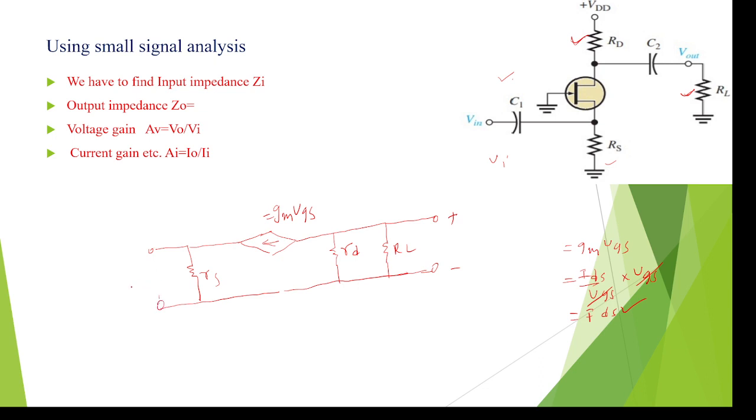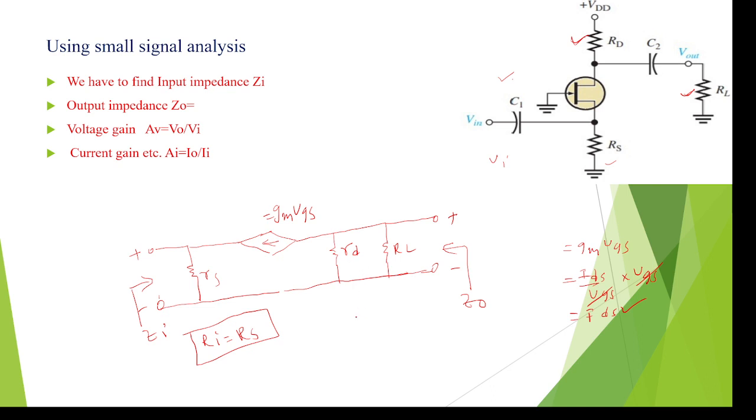So this is the input impedance, symbol Zi, and this is the output impedance, symbol Zo. Now we need to calculate the input impedance and output impedance. What is the input resistance? Ri equals only one resistance, RS, either small rs or capital RS.